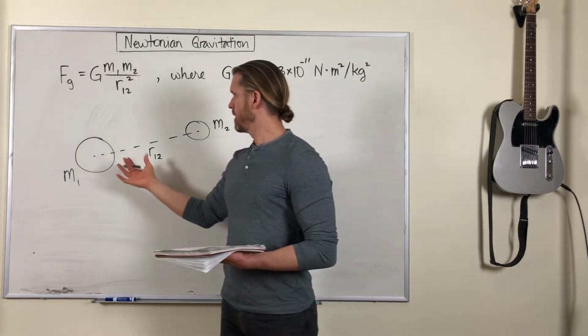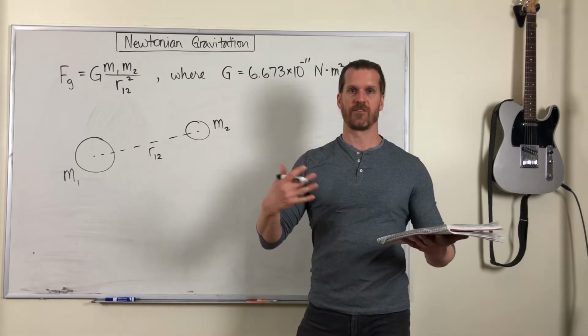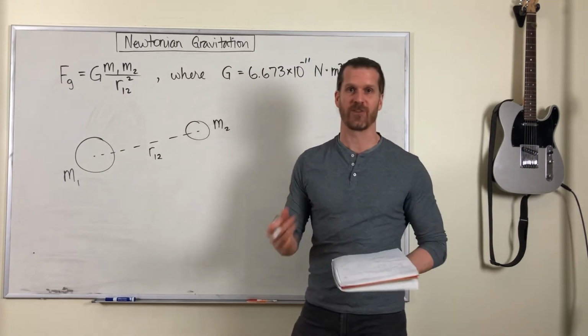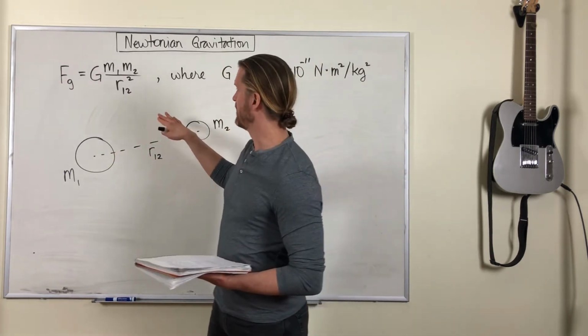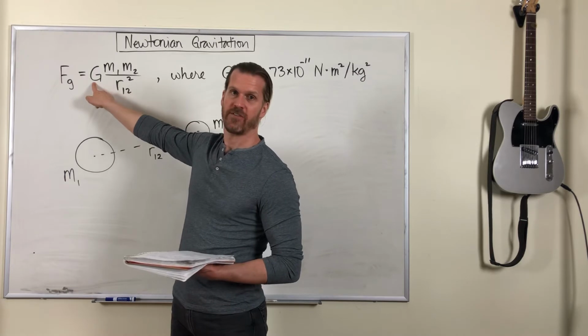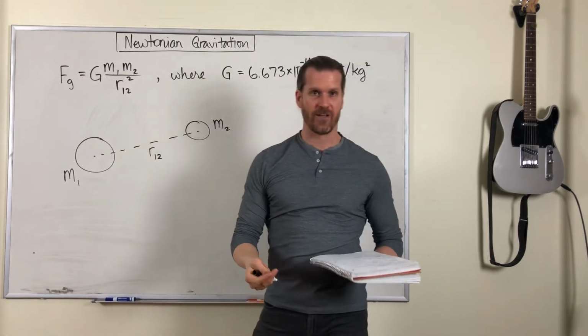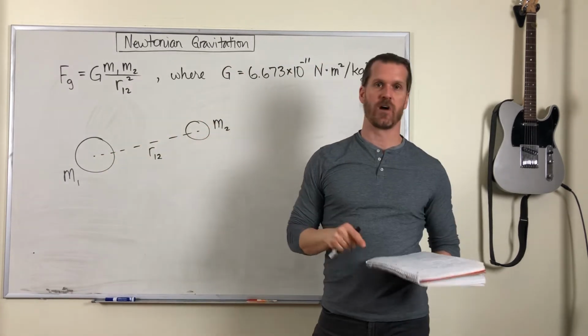So now, there's a gravitational force. This is a field force. These objects aren't in direct contact, but they're still pulling on one another. And that field force has a magnitude equal to this constant number times the product of the 2 masses divided by this distance between the 2 objects squared.